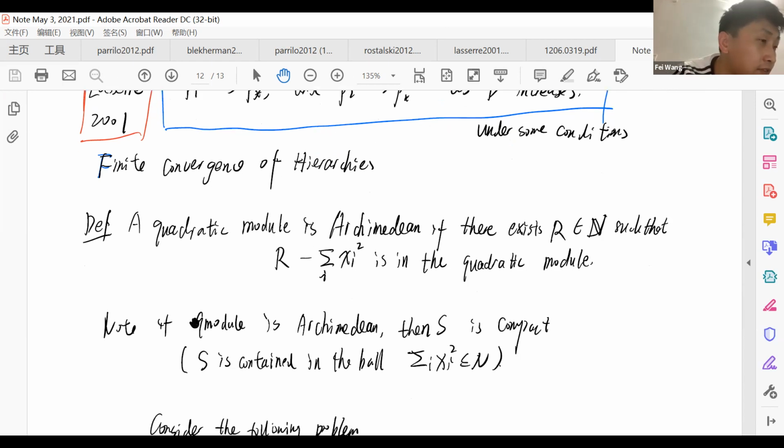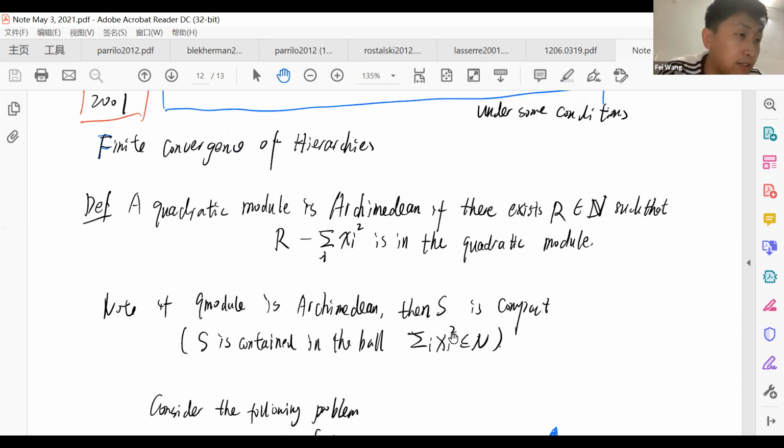Note if the quadratic module is Archimedean, then S is compact, because S is contained in the ball where the sum of x_i squared is less than or equal to R. If S is compact, then we can prove lots of nice properties.